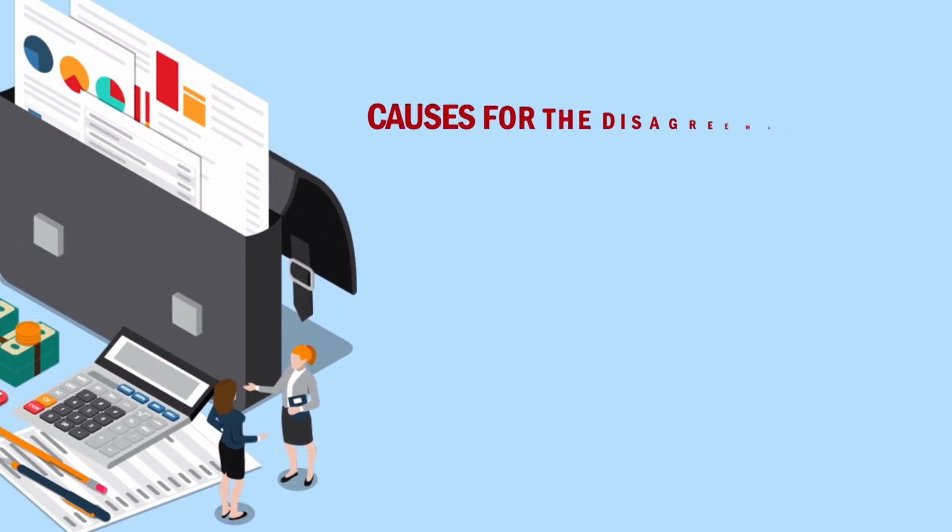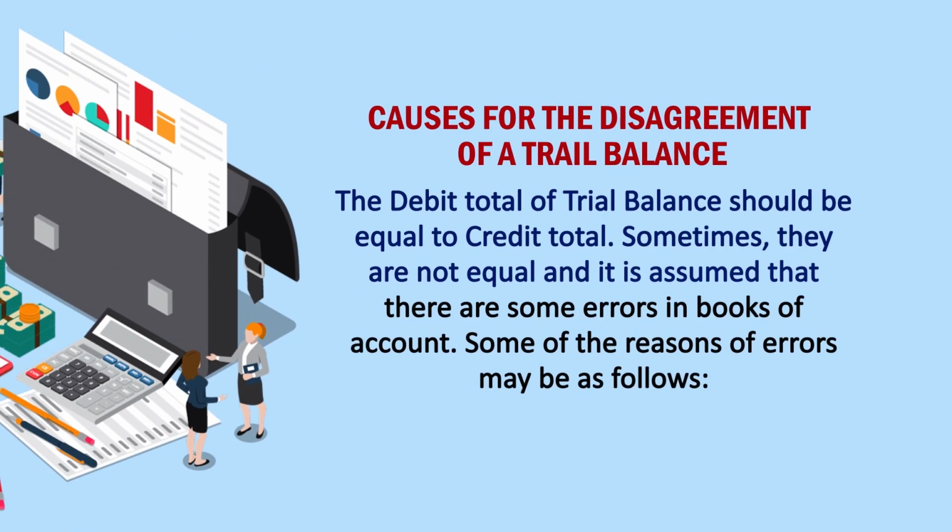Next one is causes for the disagreement of a trial balance. Now, dear learners, we will study why the debit column and the credit column of a trial balance do not tally. What are the main reasons for the total of the debit column not agreeing with the total of the credit column of a trial balance? Well friends, you might be well aware that the debit total of a trial balance should be equal to the credit total.